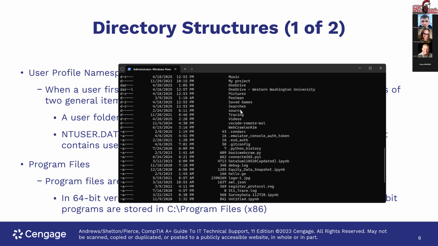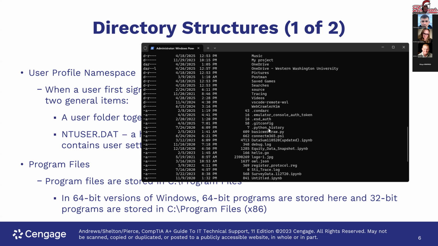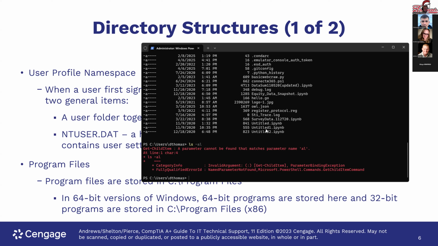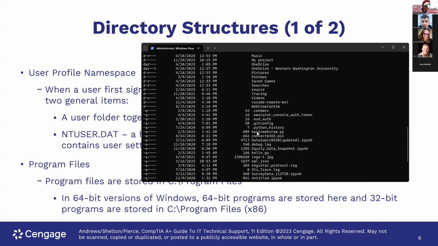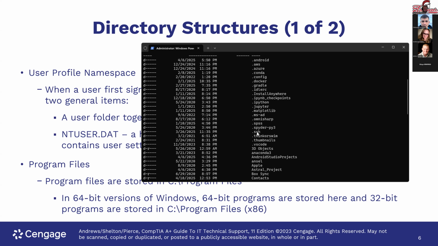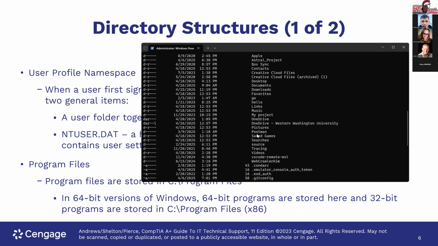And let's just see if I'm able to see that folder that they suggested was in there. It's called net user.dat. I actually don't see it, but it doesn't mean it's not there.